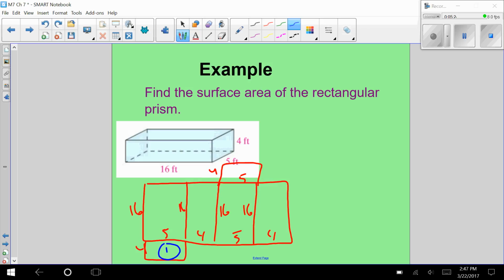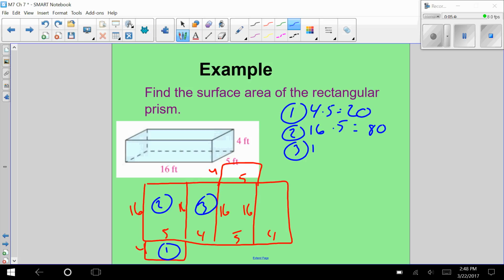Let's call this shape 1. Shape 1 is a rectangle, so I do 4 times 5, which is 20. Shape 2 is another rectangle, 16 by 5, which makes 80. Shape 3 is another rectangle, which is 16 by 4, which is 64.